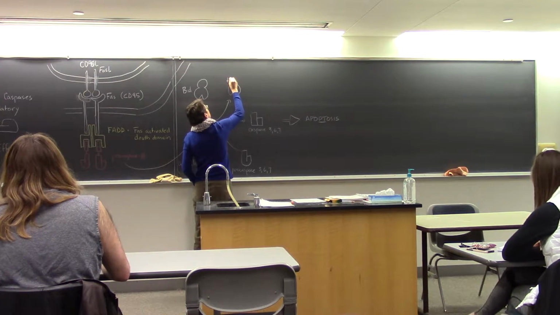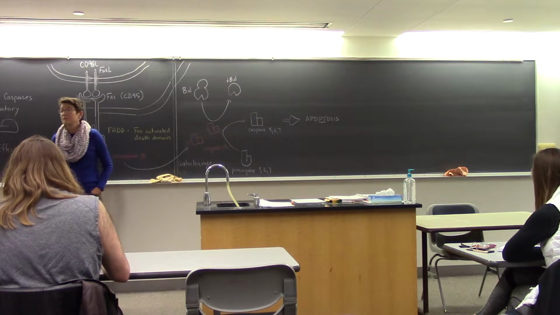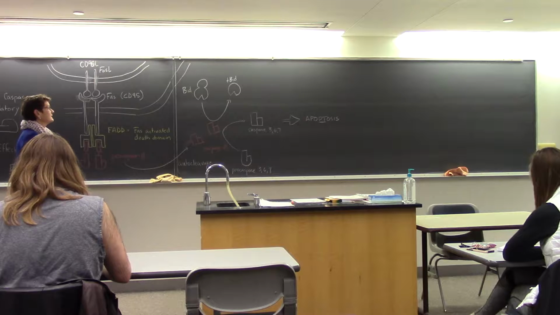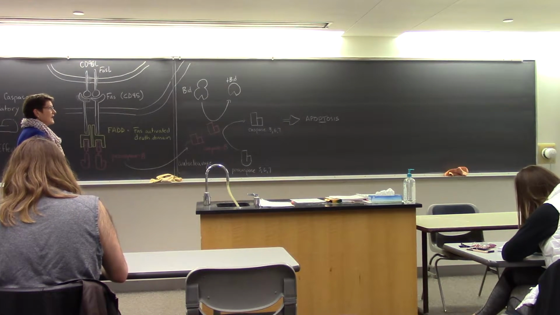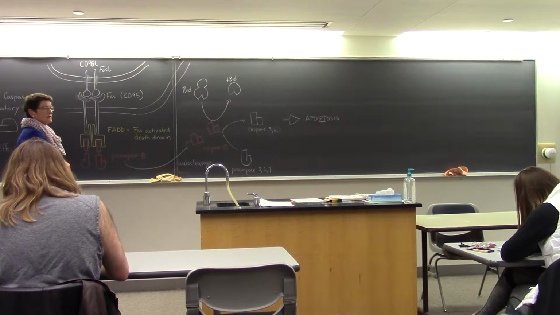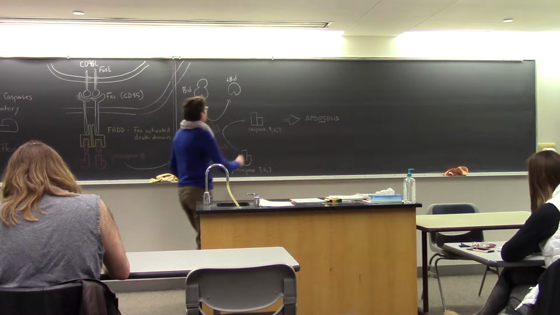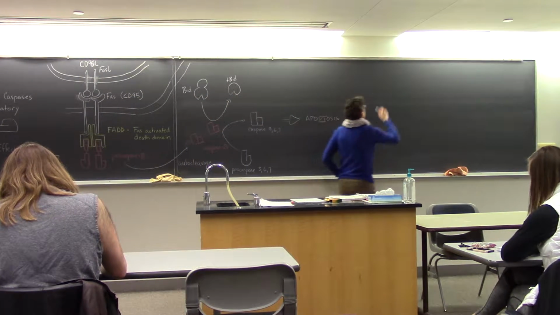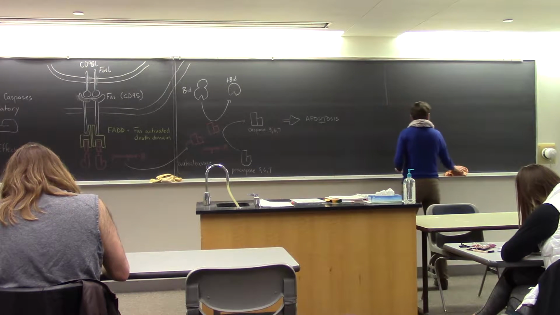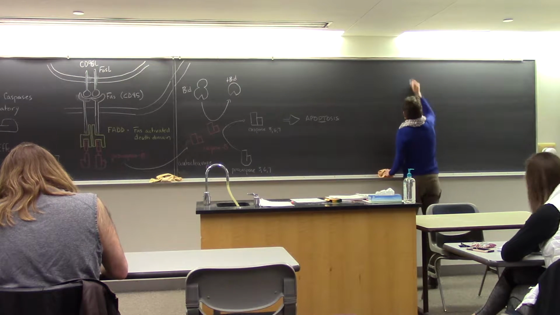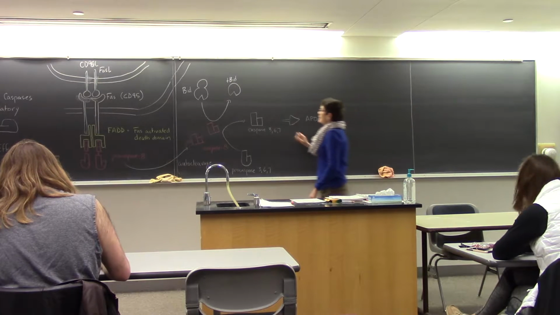The cut version of BID is tBID, t for truncated. And it does a couple of different things, as we saw at the end of yesterday. This is going to be the mitochondria. I need more space. Okay, here's the mitochondria.